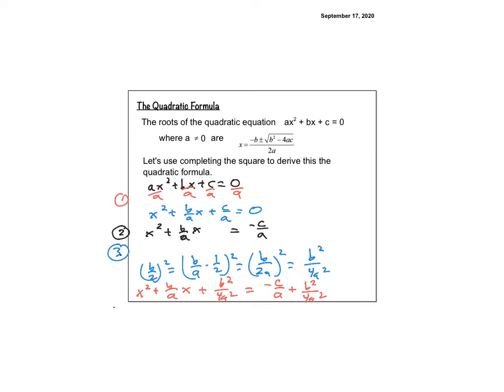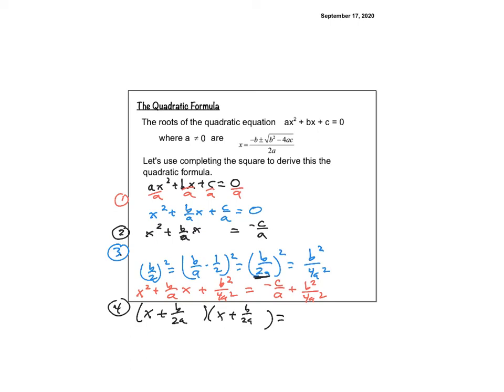Alright, fourth step. Now we're supposed to go ahead and write this as a perfect square trinomial. So that's x and x. What was our b before we squared it? It was b over 2a, so it becomes plus b over 2a plus b over 2a equals, on this side here, we're going to have to get a common denominator.